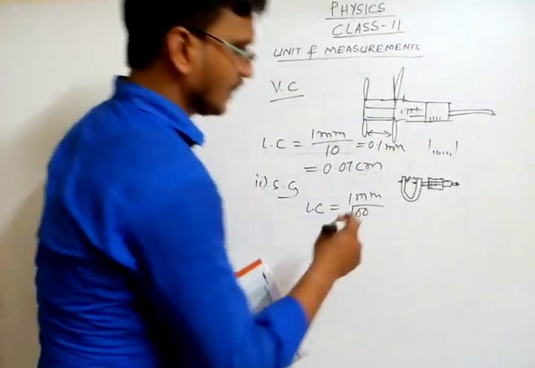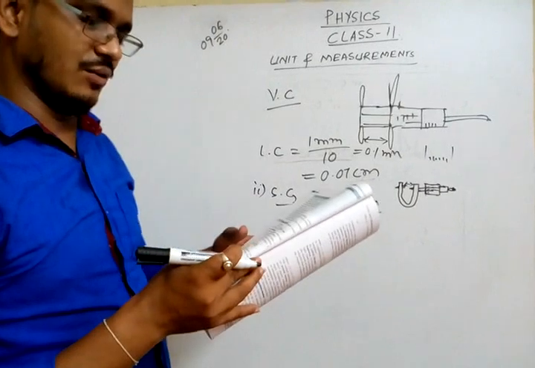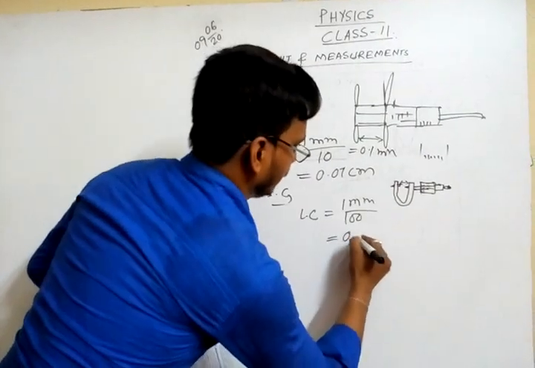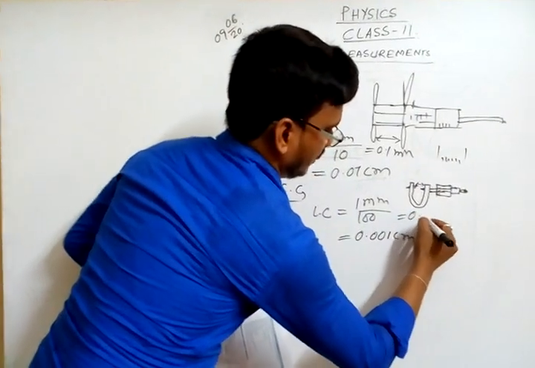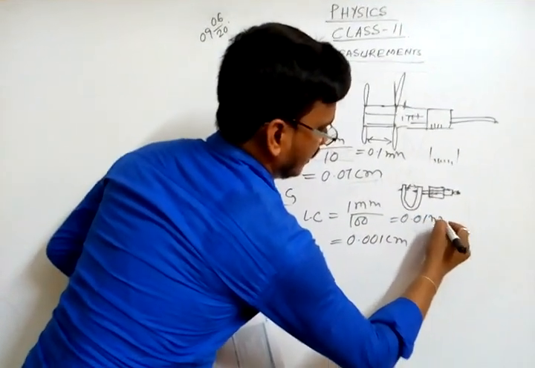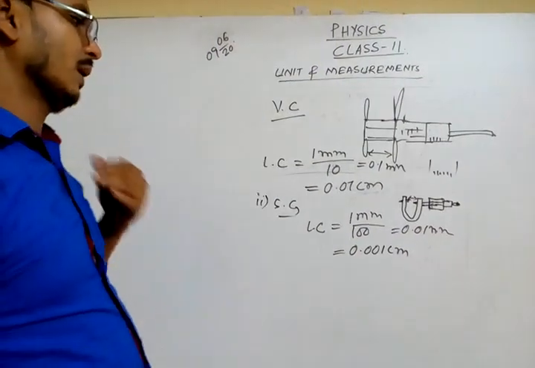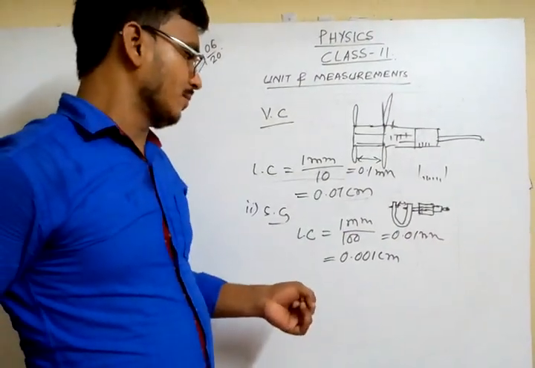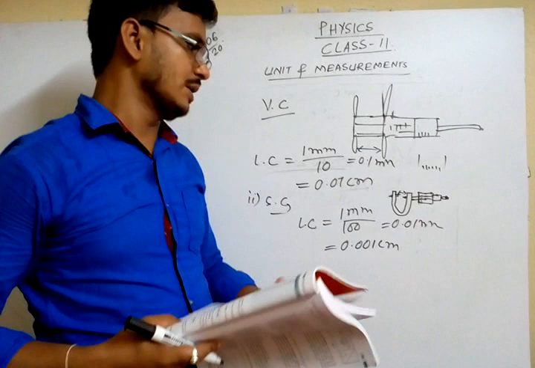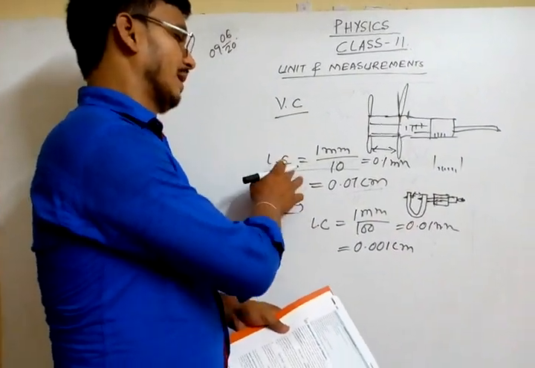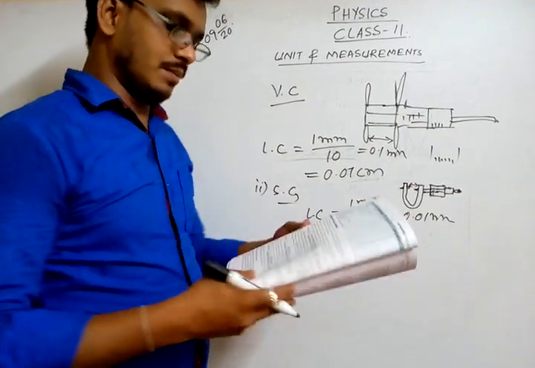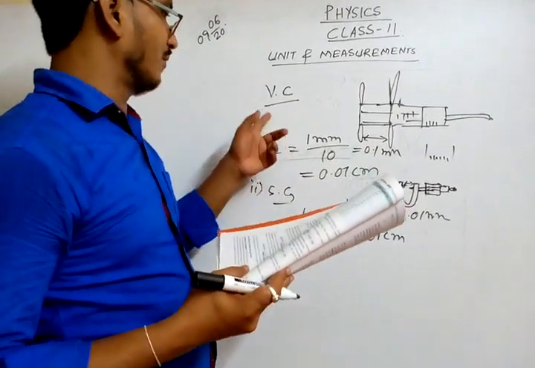In centimeters that is 0.001 centimeter, which means 0.01 millimeter. In this way we can find the least count using the screw gauge, as we did for the vernier caliper.